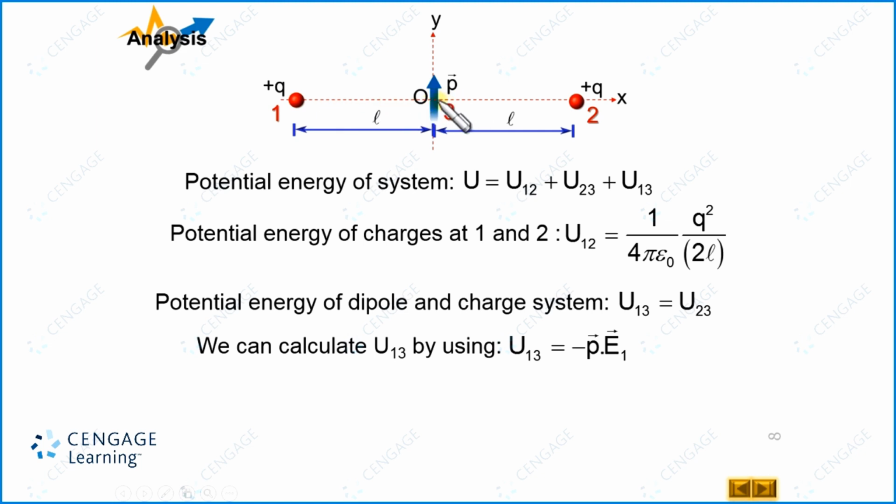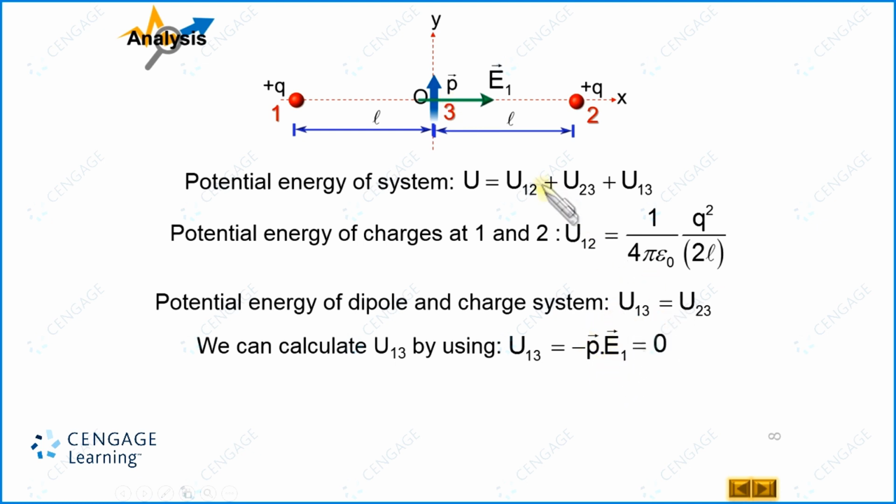We know the electric field because of this positive charged particle at the center of the dipole will be in the rightward direction like this. So this is the E1 vector. Now you can observe the angle between the dipole moment and this electric field vector is 90 degrees. That means this dot product will be equal to 0.